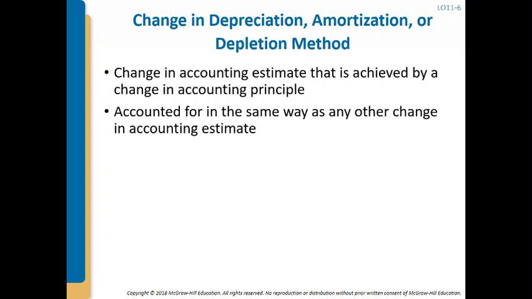And so, a couple of things, and I think we've mentioned this before, it may have been last term, but a change in depreciation method is a change in accounting principle. However, even though it is a change in accounting principle, we don't go back and change the numbers in the past, meaning retrospectively.